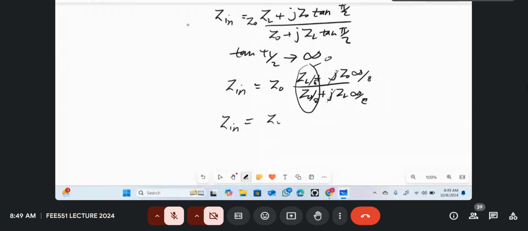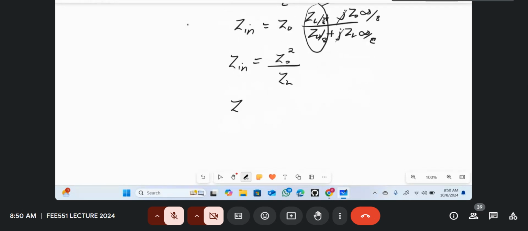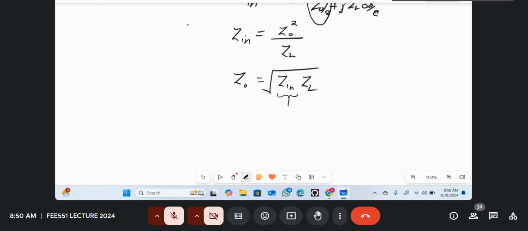Then we'll have Z naught squared divided by ZL. So this Z naught is now the characteristic impedance of the quarter wave transformer, which will be the square root of Z in times ZL. So our Z in, in this case, we may consider as the characteristic impedance of the line that we need to match.